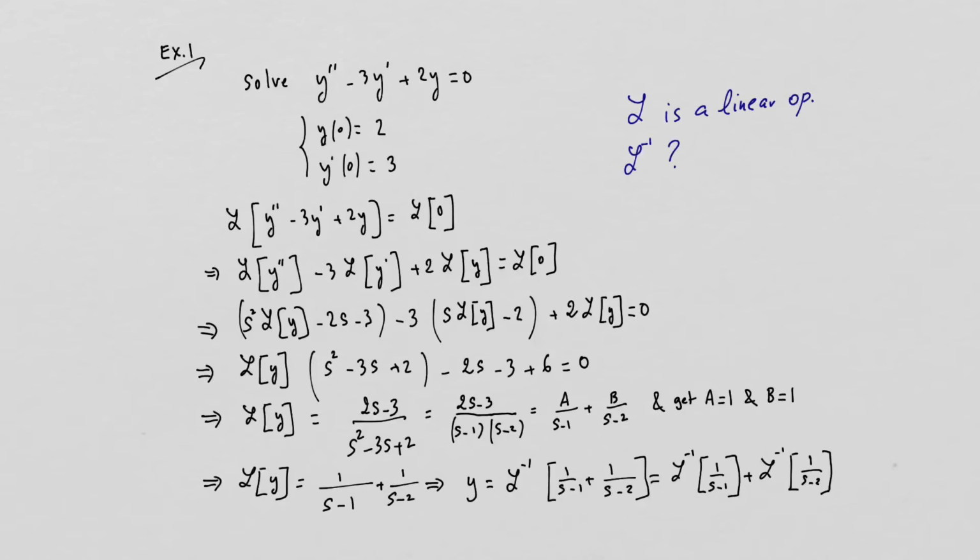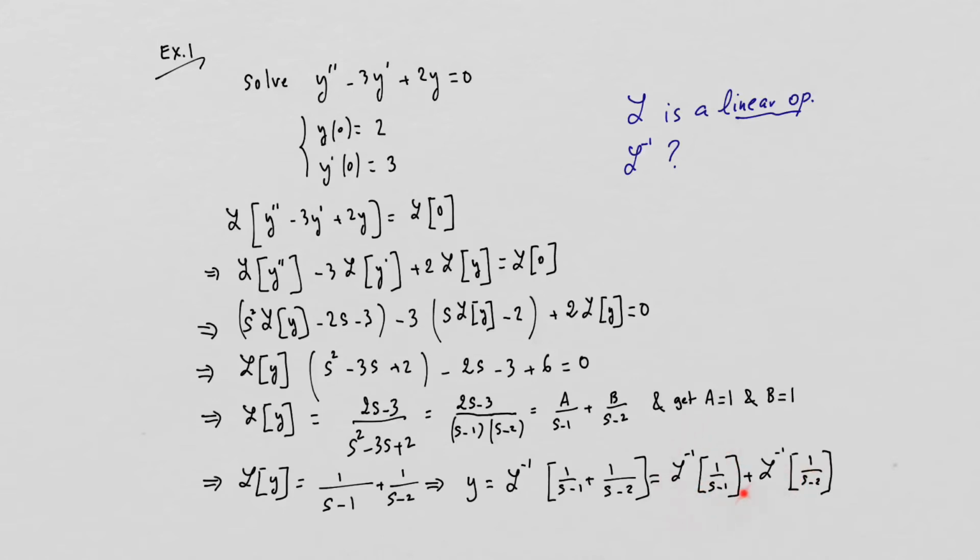How about this one? It turns out to be true, which we need to prove for homework. And that's why I used it, but don't take it for granted until we prove that the inverse Laplace is also a linear operator, which means the inverse Laplace of the sum is the sum of the inverses.